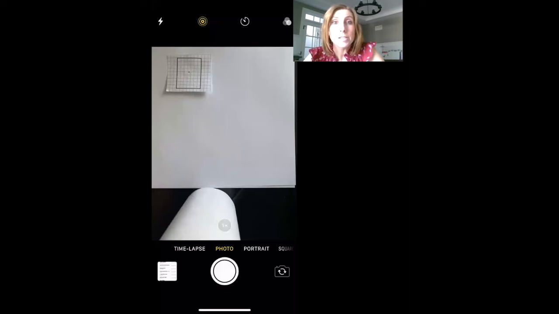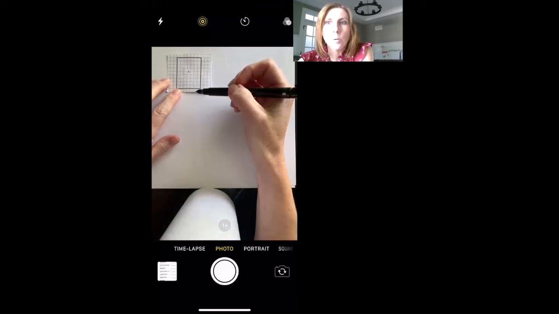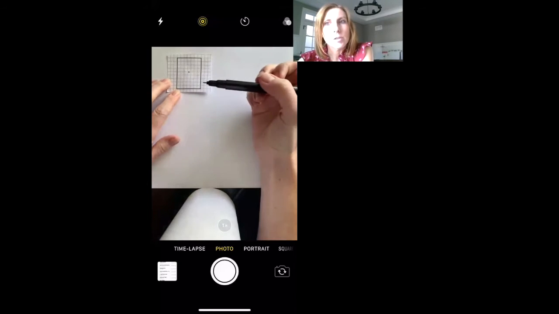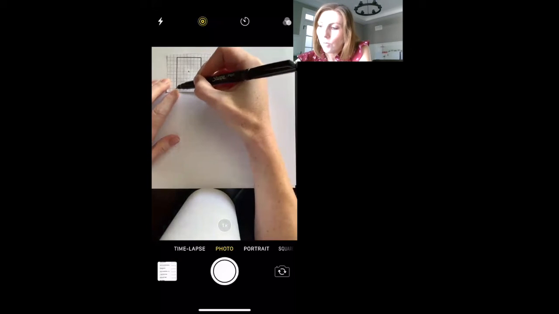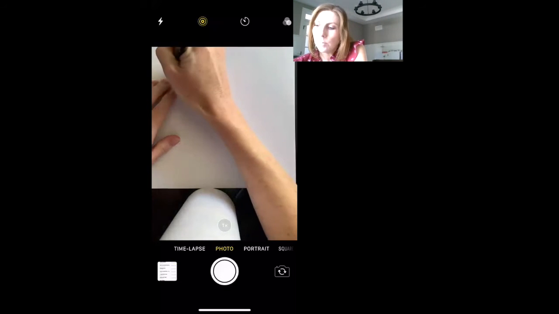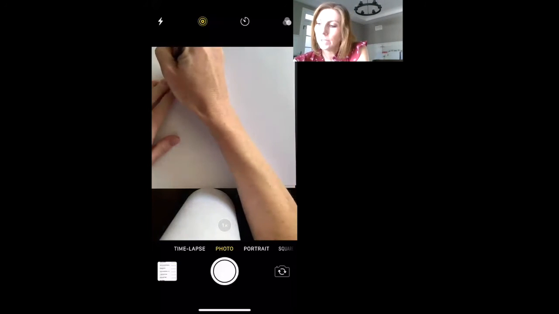Okay, so we're going to begin with this rectangle that you see on the paper in front of you. As you notice, it's on graph paper, and so I can count up my units and figure out the dimensions of this rectangle. If I count this side, I have 1, 2, 3, 4, 5, 6, 7, 8, 9 units. So I'm going to mark this with a 9, a little darker.